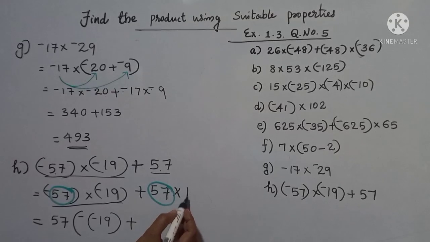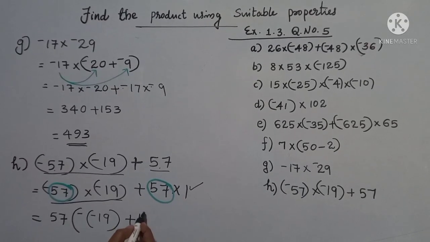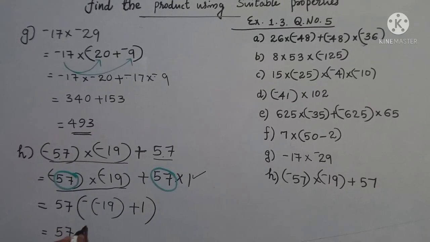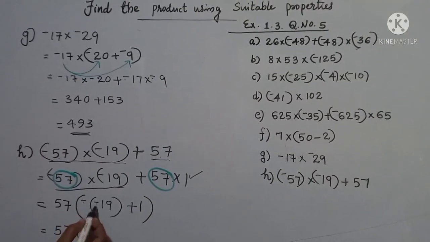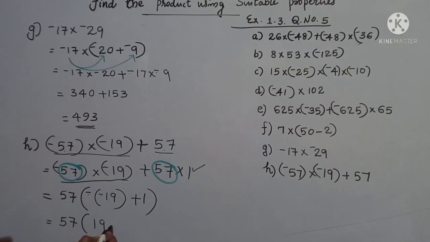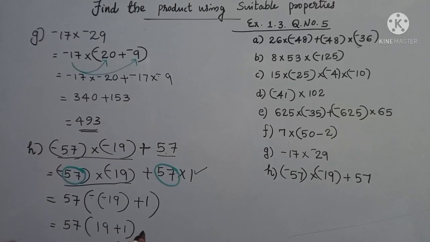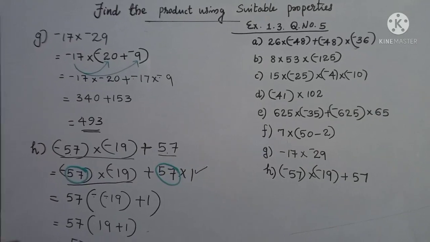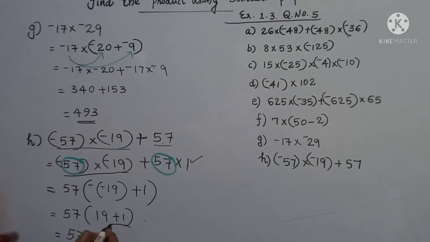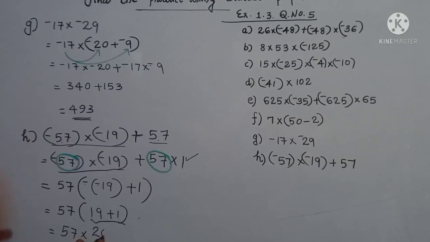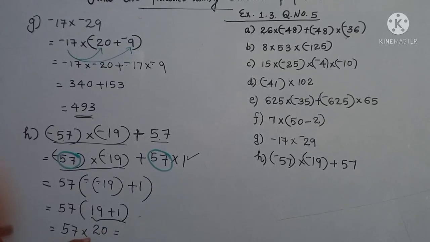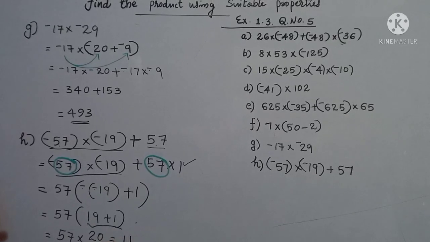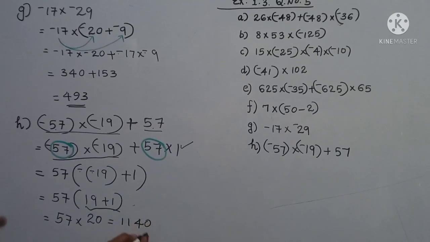Then what is left here? 1. Write that 1 here. That is equal to 57 into, minus into minus is positive, so write 19 plus 1. That is equal to 57 into 19 plus 1, what is it? 20. That is equal to 57 into 20 is equal to 1140. This is the answer.